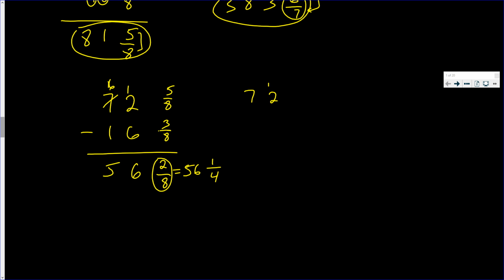Now, I just want to talk about something. Why did we just add a 10 here? And the reason is that this is the tens place. I borrowed 1 ten and I add on 10 ones. That's legit. Okay, this here is the tens place.